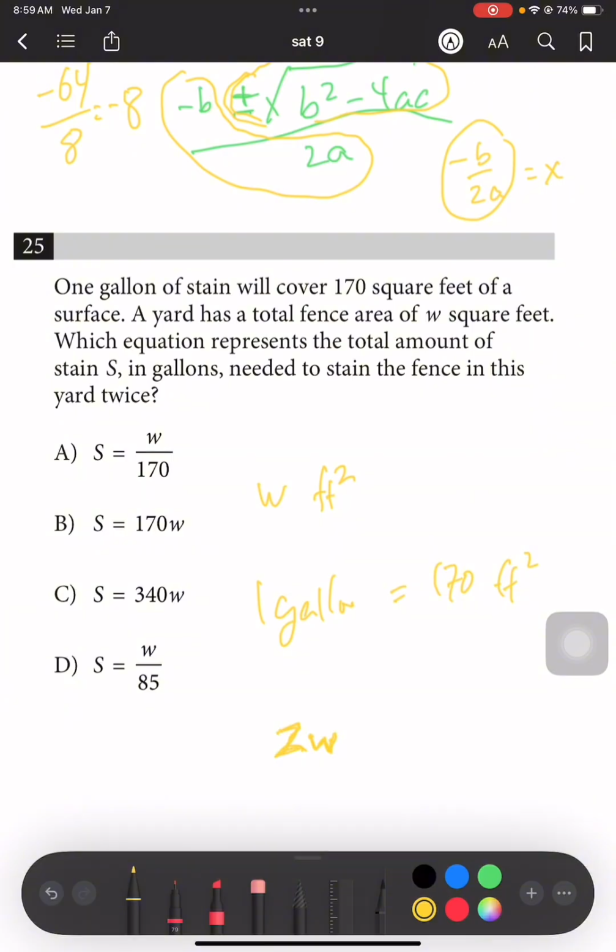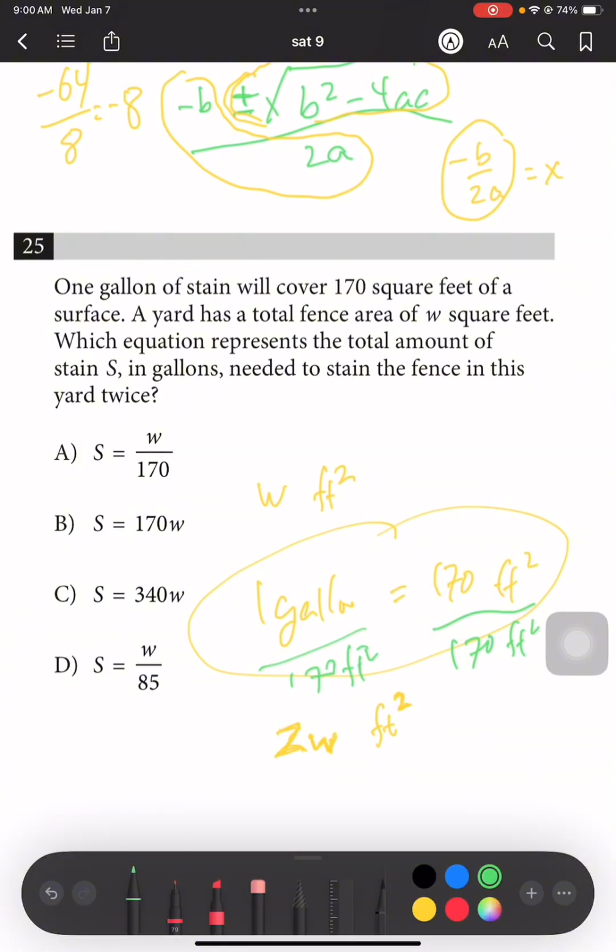The units of W is feet squared. So I'm going to stain 2W worth of feet squared. And then gallons will be on top. 1 gallon's on top, so divide everything by 170 square feet on both sides.